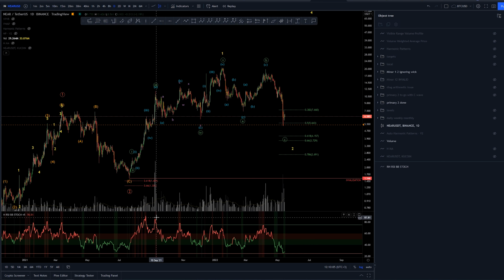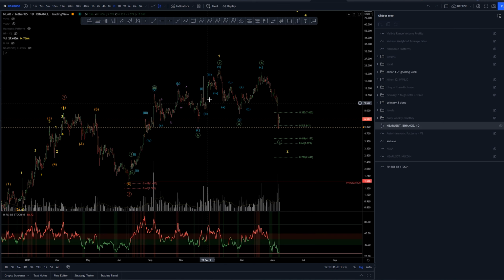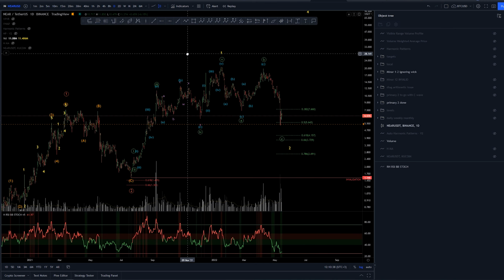We get that as well. And third wave and fifth wave, we do get a divergence there as well. And we do get a divergence between the minute third and fifth as well. So this would be looking so perfect, at least for the divergences, without this wick. So I'm thinking this is my main count, and I'm just going to be ignoring this wick here.